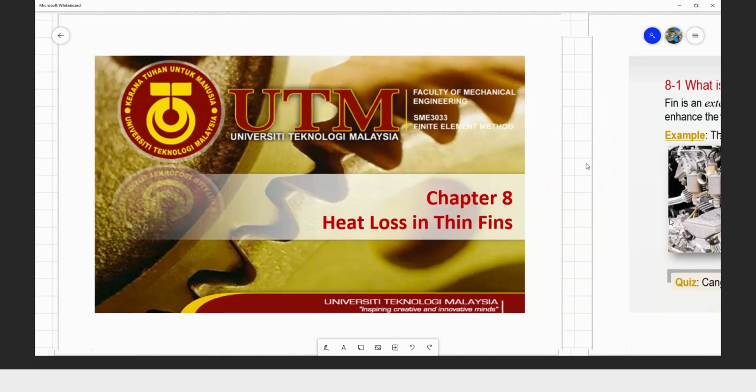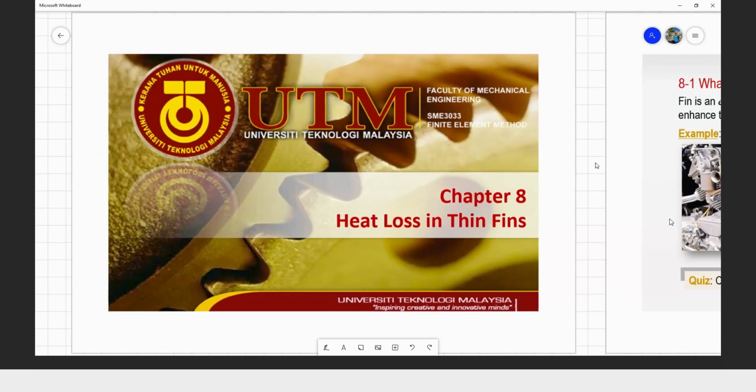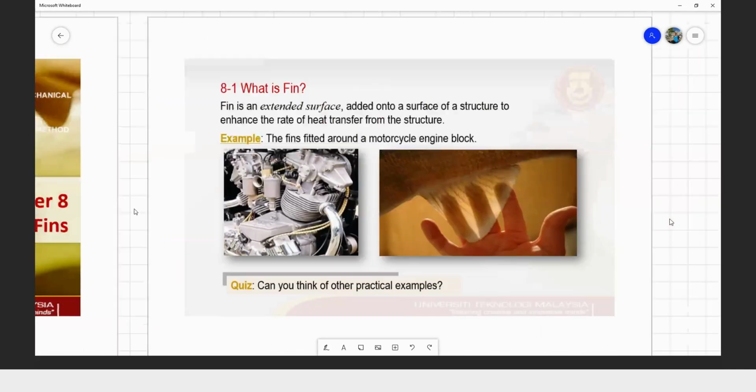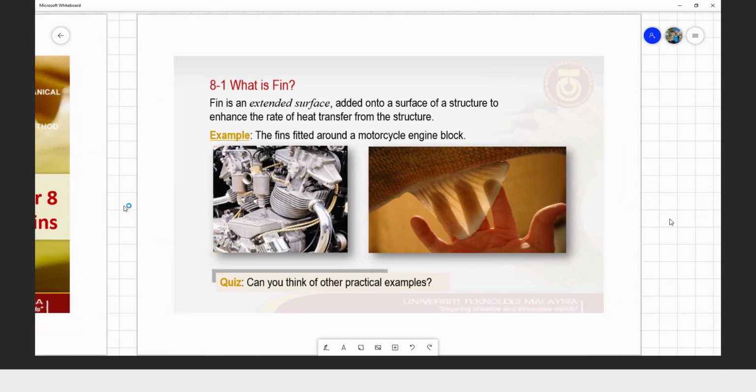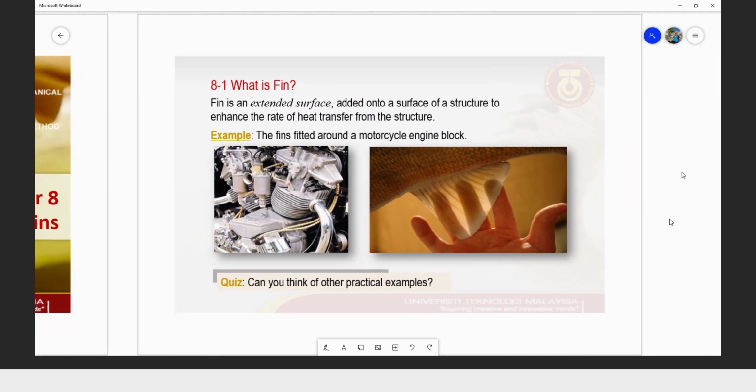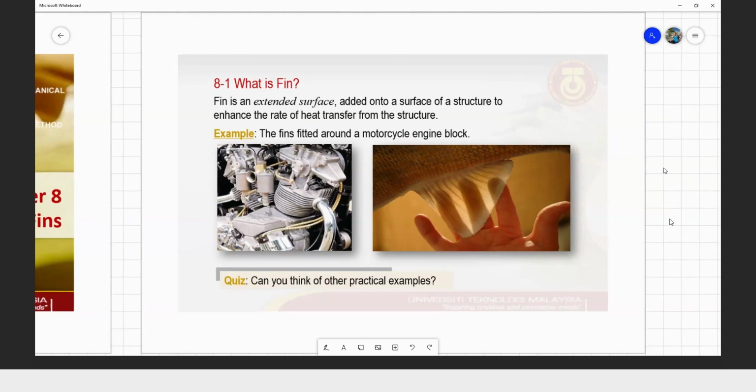Alright, so our topic today is on the heat loss in thin fin. One of the purposes of the fin itself is to enhance the heat transfer from the system that is generating the heat to the surrounding. So the fin basically is an extended surface.